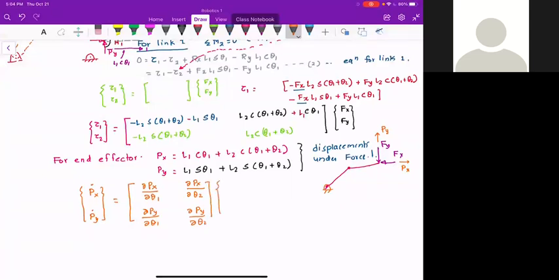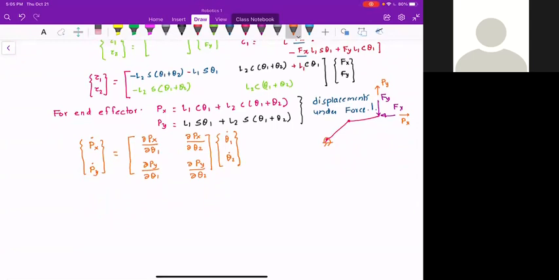And we wrote this equation with theta 1 dot and theta 2 dot. Everyone with me so far? Any questions at this point?